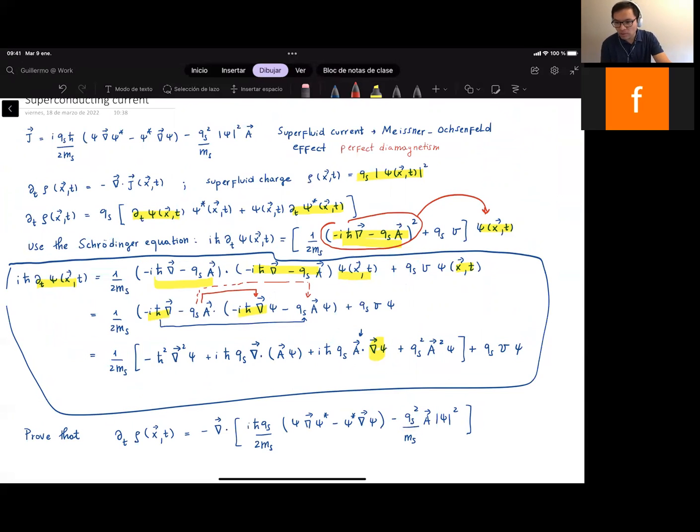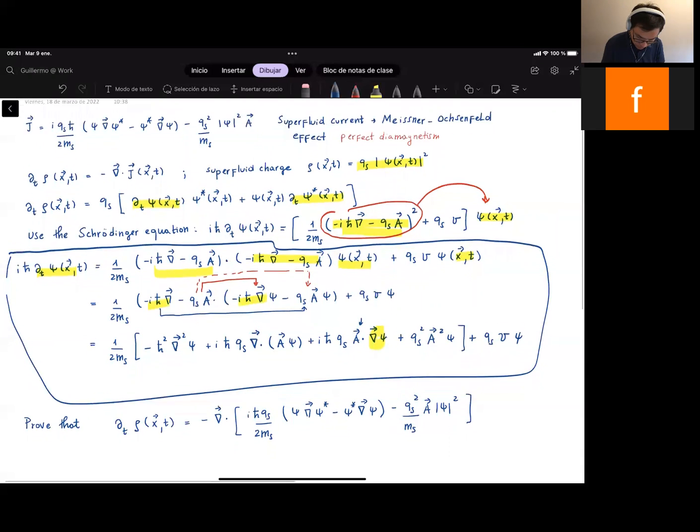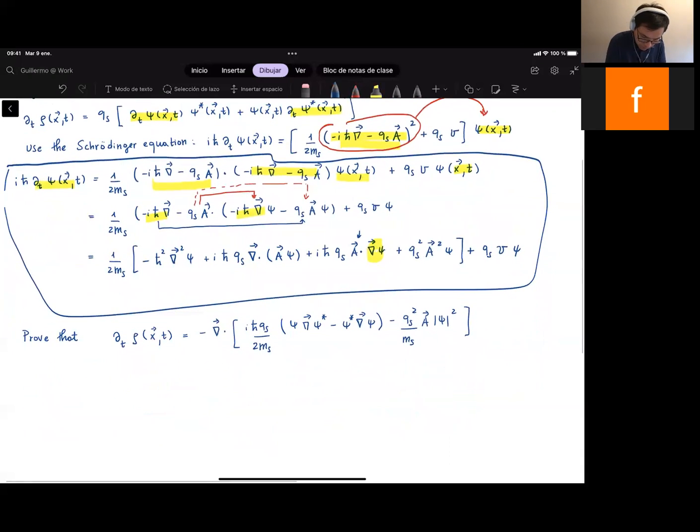One could produce some mistakes here if you don't take care of how the operators act on the scalar field, which in this case is the macroscopic wave function, and the vector field is the vector potential, essentially. Okay. So this expression we have is the superconducting current density.